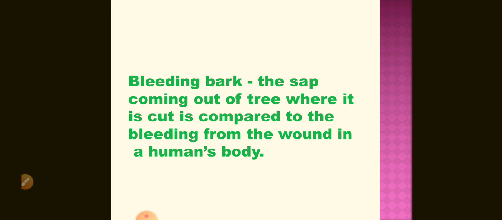Now the next example is "bleeding bark". It means the sap coming out of the tree. What is sap? It is a watery liquid in plants and trees. As a human body bleeds, in the same way the comparison is done. The sap coming out of the tree where it is cut is compared to the bleeding from a wound in a human body.